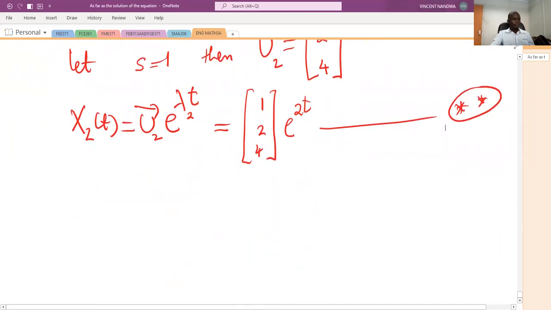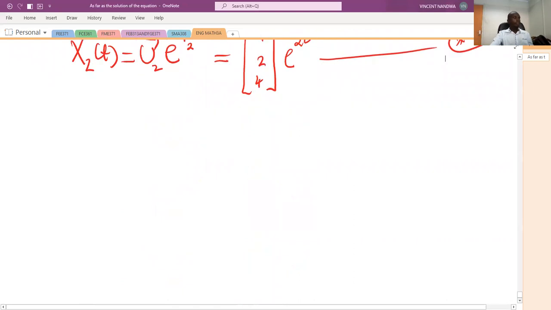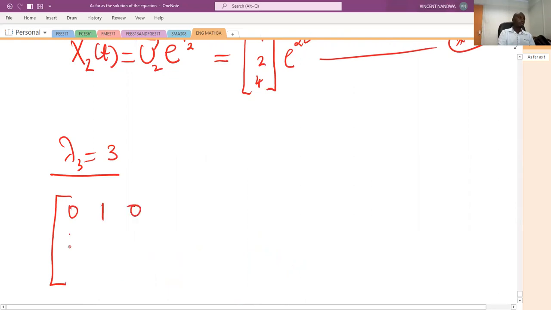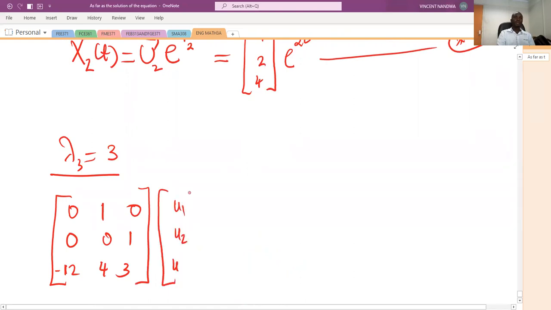And lastly, for lambda 3 equals 3, then we have the matrix 0, 1, 0, 0, 0, 1, minus 12, 4, 3. The vector will still be u1, u2, u3 equals 3 times u1, u2, u3.